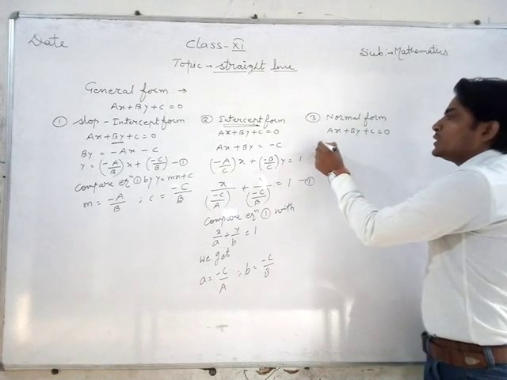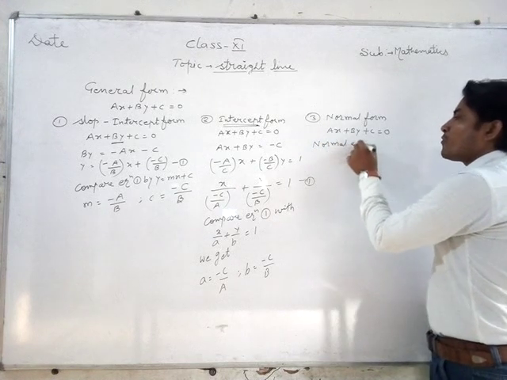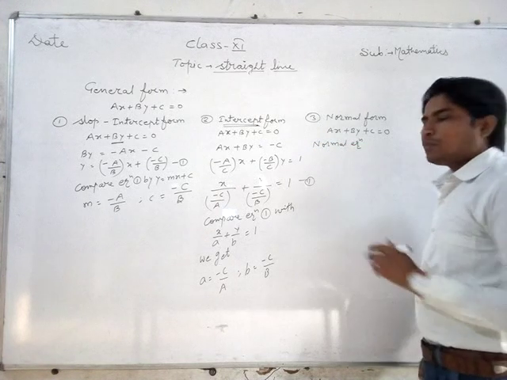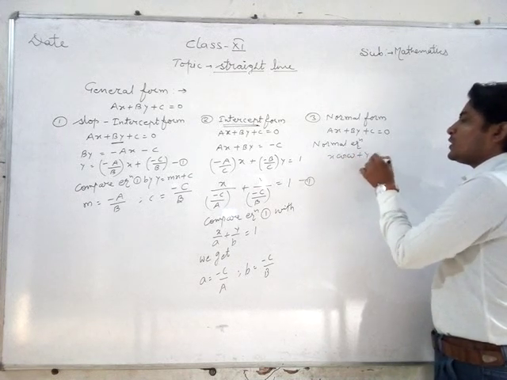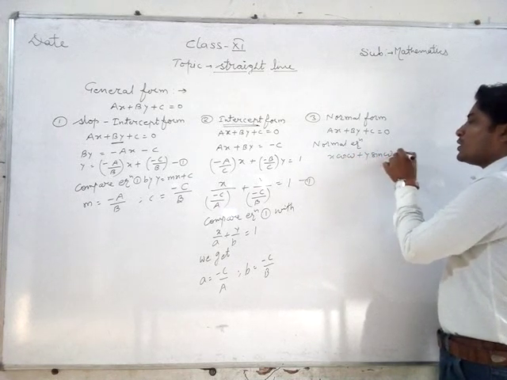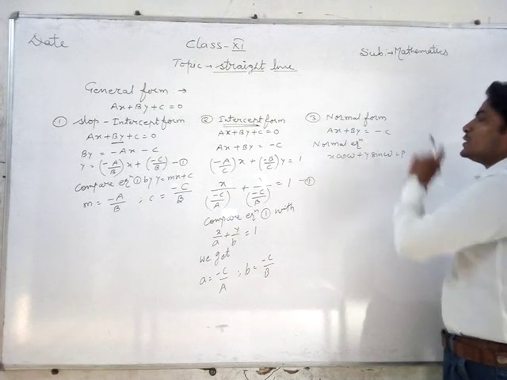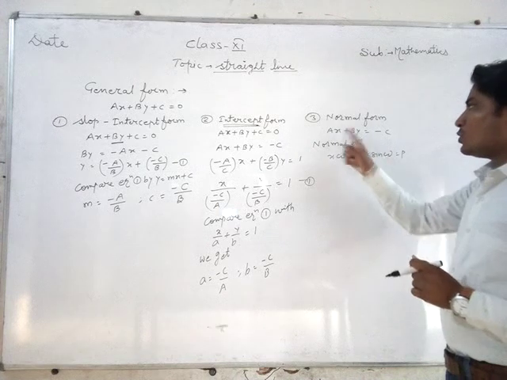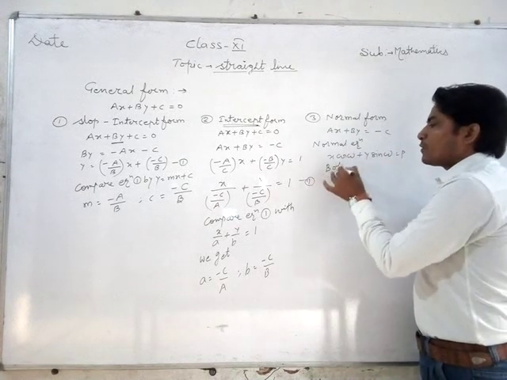But we know that the normal equation of a line is x cos omega plus y sin omega equal to p. So we can write ax plus by equal to minus c. Both equations are similar.